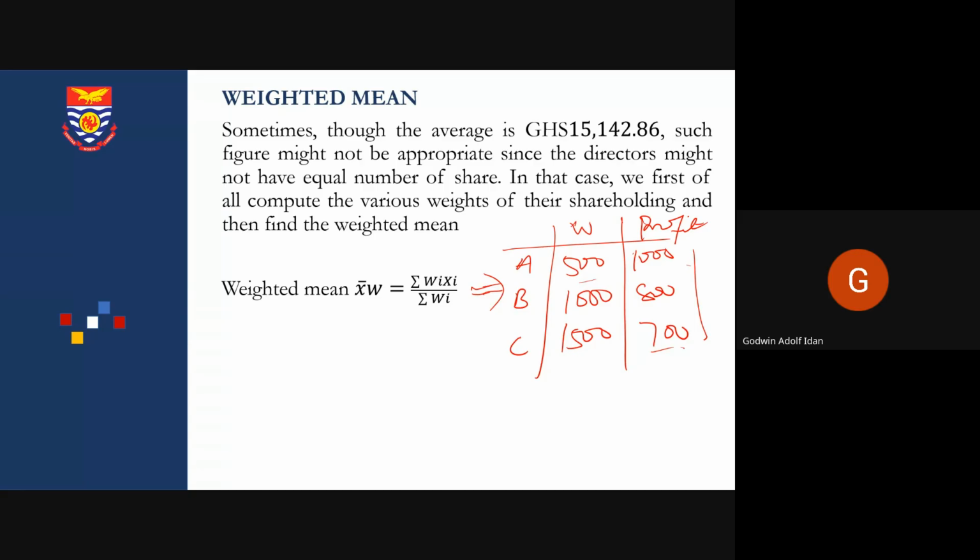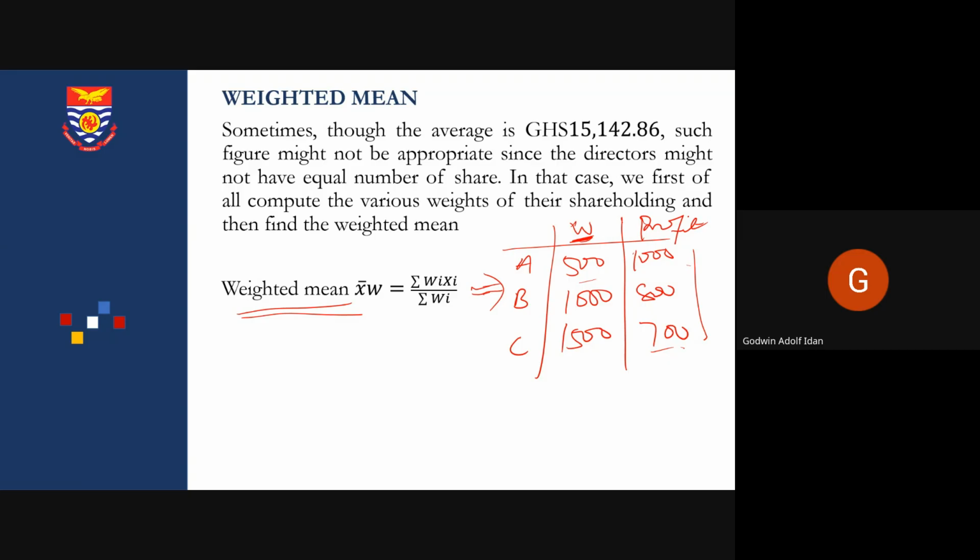So we take our decision based on the amount that you contributed, and that is what the concept of the weighted mean preaches. The weights of every individual should be considered in making a decision.